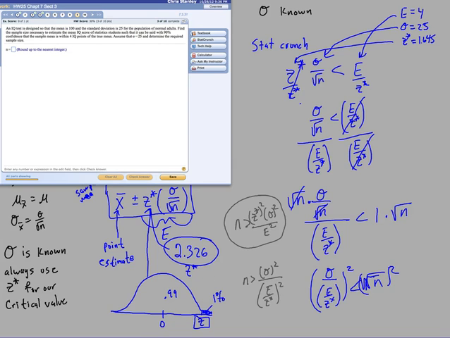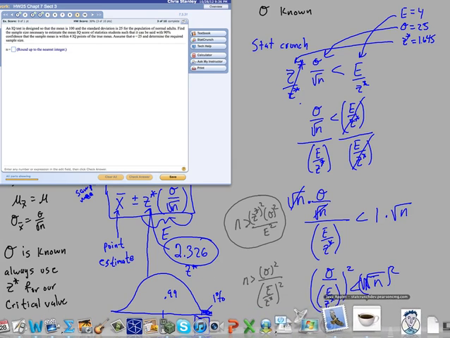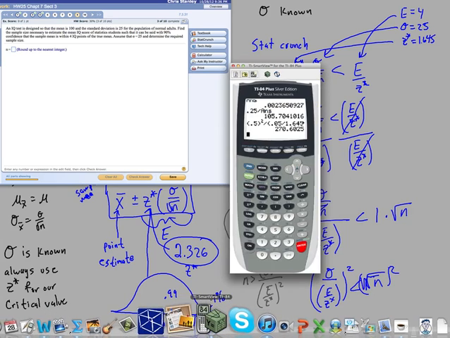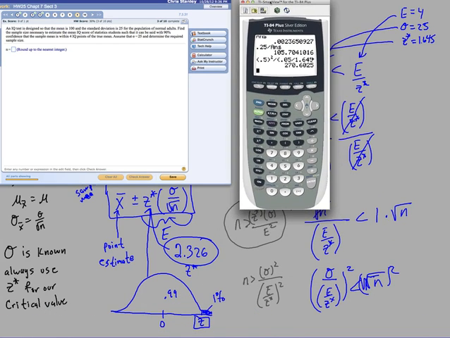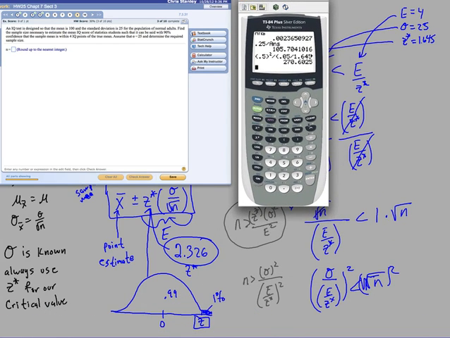Let me pull up my calculator. Okay, so now let's look. e is 4, so 4 divided by z star, which is 1.645. Enter. Now I have this inside part, and now I want to square it. Okay, so squared.